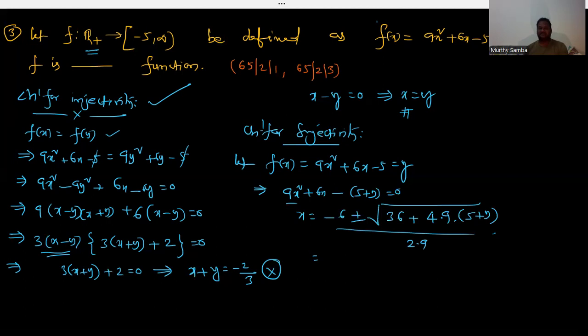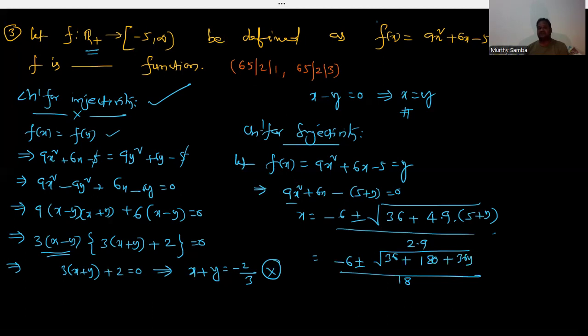Once you observe this, minus 6 plus or minus root over this: 36 plus 4 nines are 36, 36 into (5 plus y). So 36 into 5 is 180, plus 4 nines are 36 into y is 36y, whole divided by 2 nines are 18.